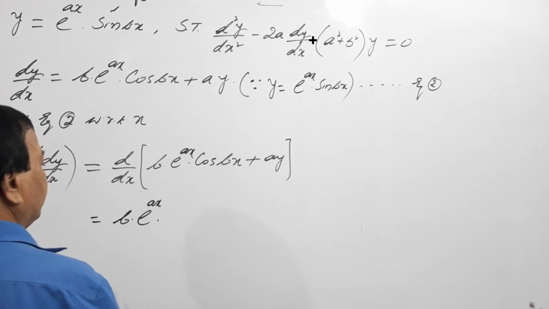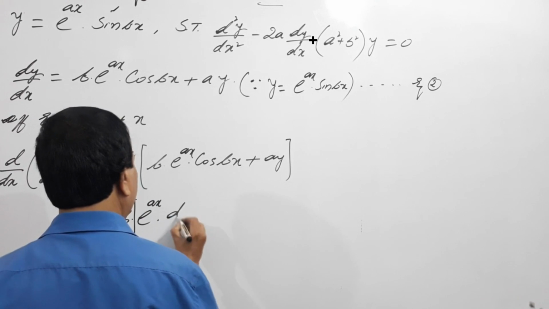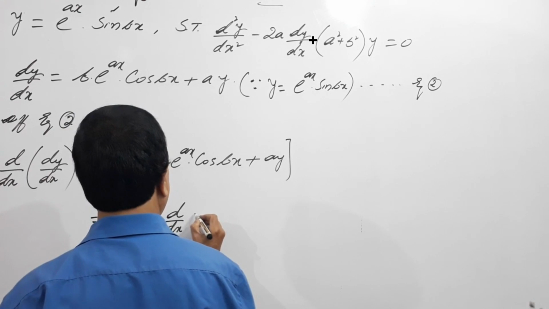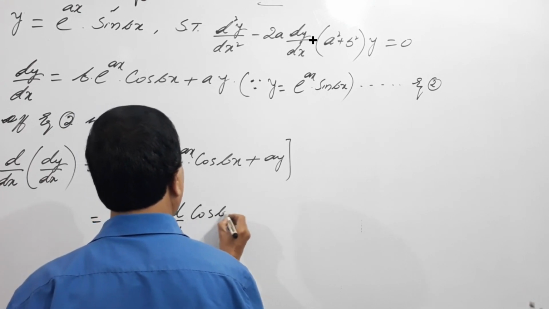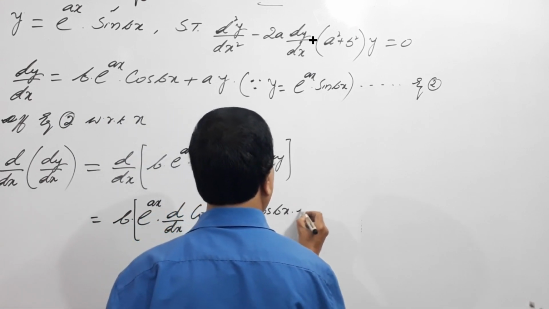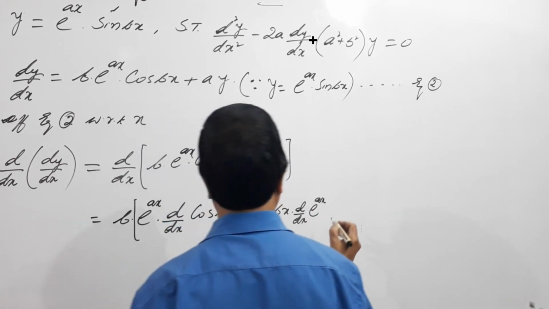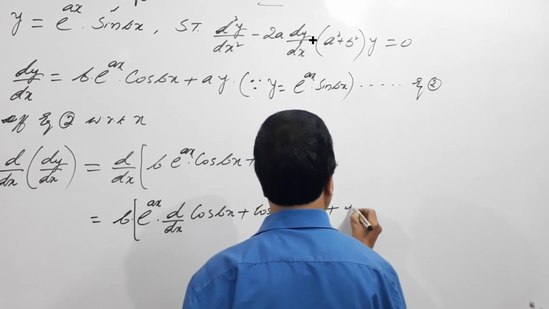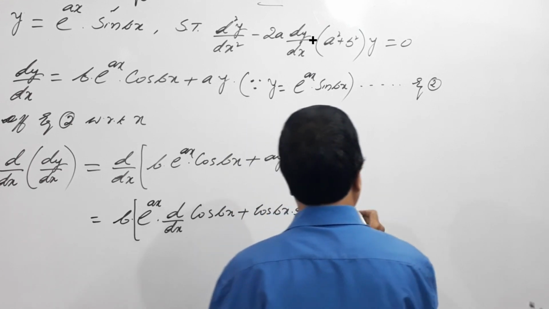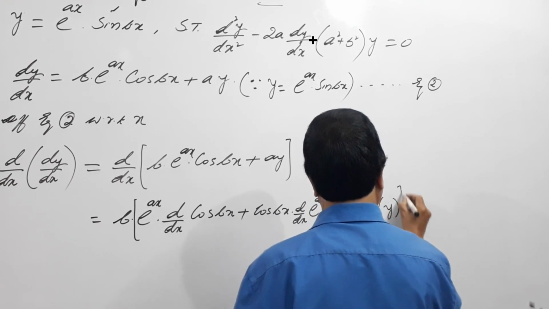I will take this b outside and use a bracket for this, that is d by dx of cos bx plus cos bx into d by dx of e to the power of ax, plus, I take this a outside, a into d by dx of y.